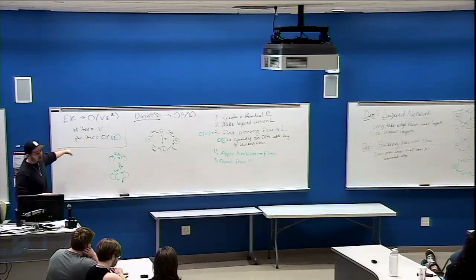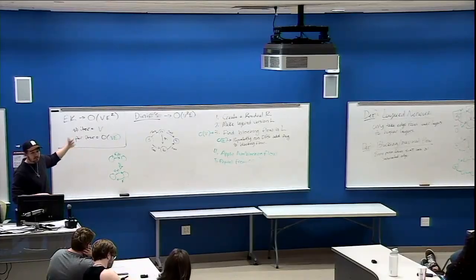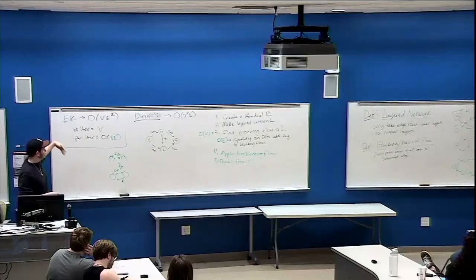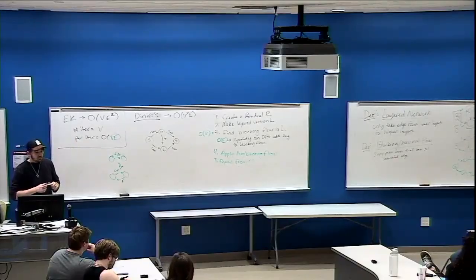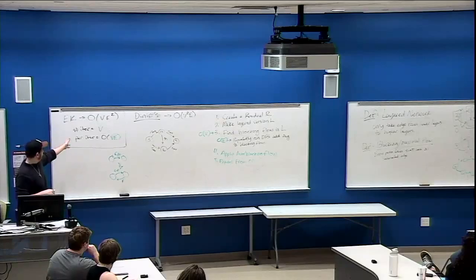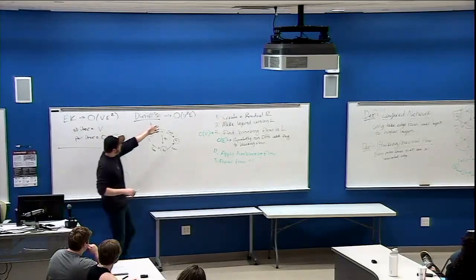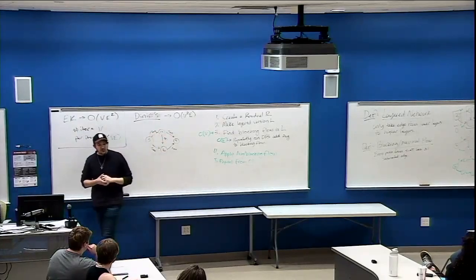I need fewer iterations, but I have to do more work per iteration to find all of that. Okay? All right. So, who thinks that this now V squared E is the best we can do?